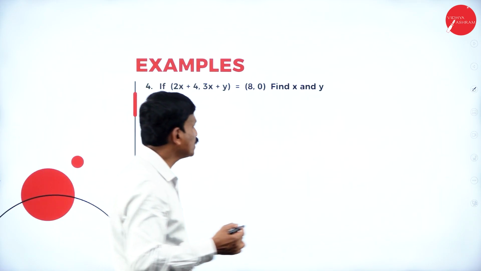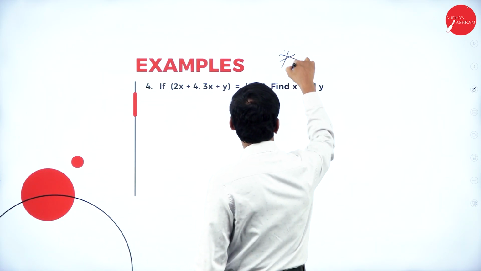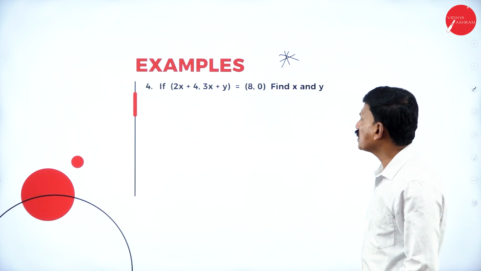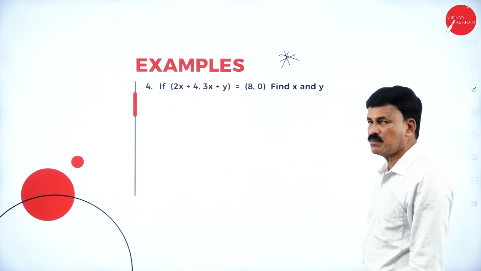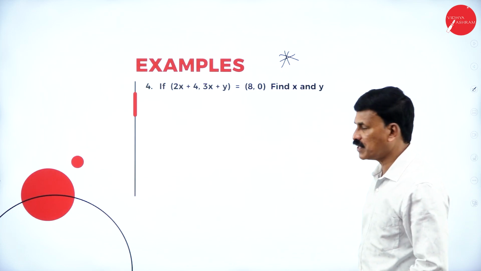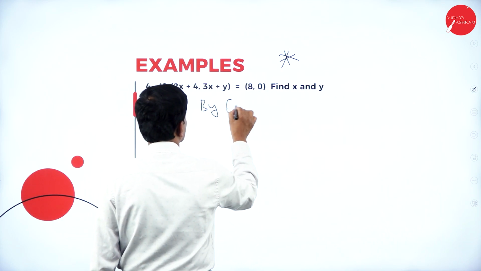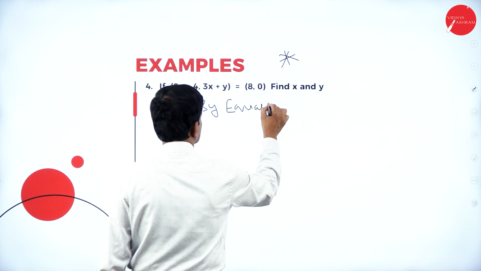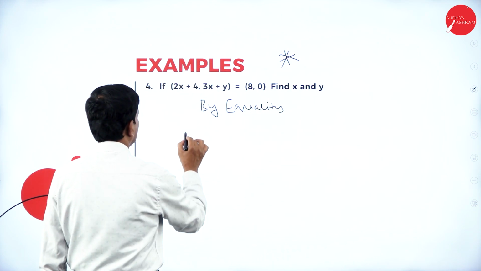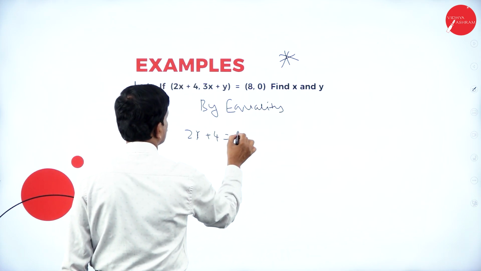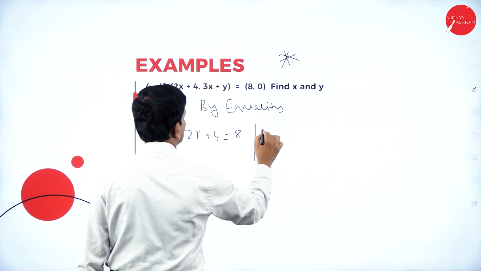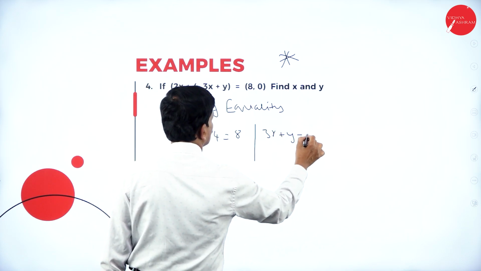Now let us take one more example. This is a very, very important type of problem. If (2x + 4, 3x + y) is equal to (8, 0), find x and y. Now by equality of ordered pairs, 2x + 4 is equal to 8 and 3x + y is equal to 0.